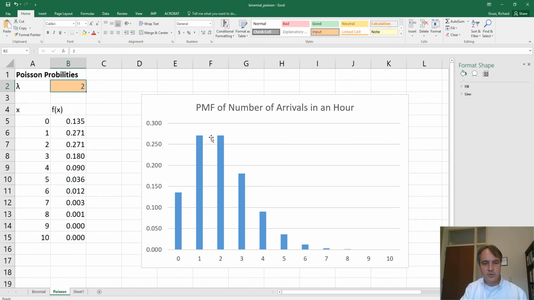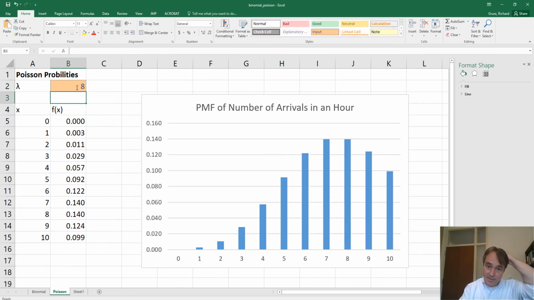So if we get 2 people per hour, that means 1 or 2 people in any given hour is highly probable. It's less likely that 0 are going to show up, and it's very unlikely that 7 are going to show up.